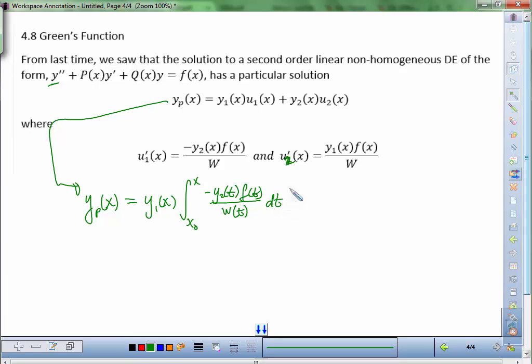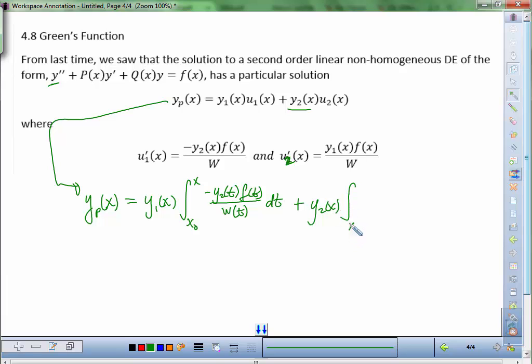And so if I integrate this with respect to t, and then I evaluate it from x naught to the variable x, then I'll get my function, and this would satisfy my initial conditions when I start talking about initial conditions. So that's the first one, and then I have plus a y2 of x.